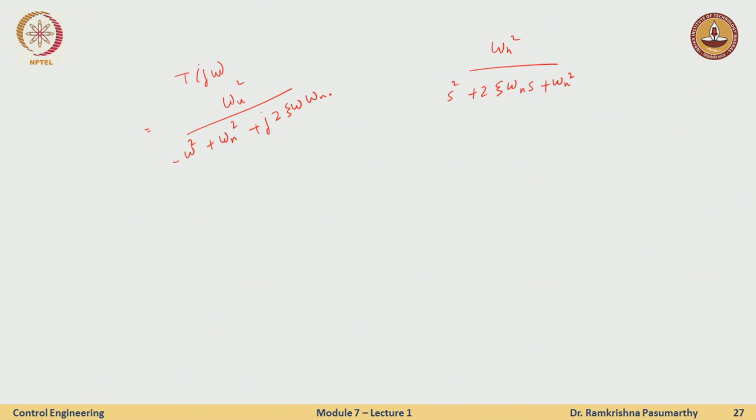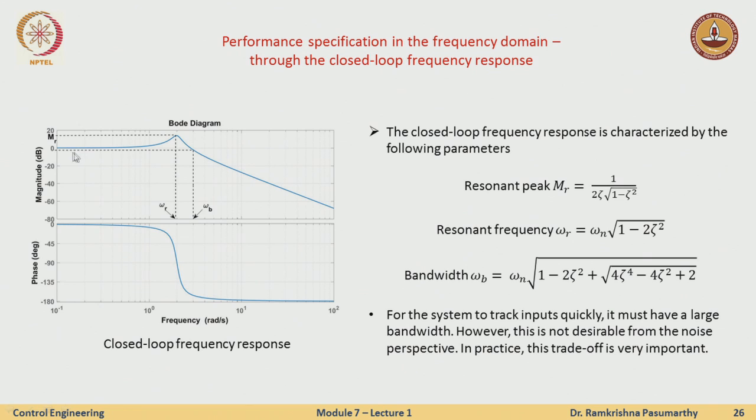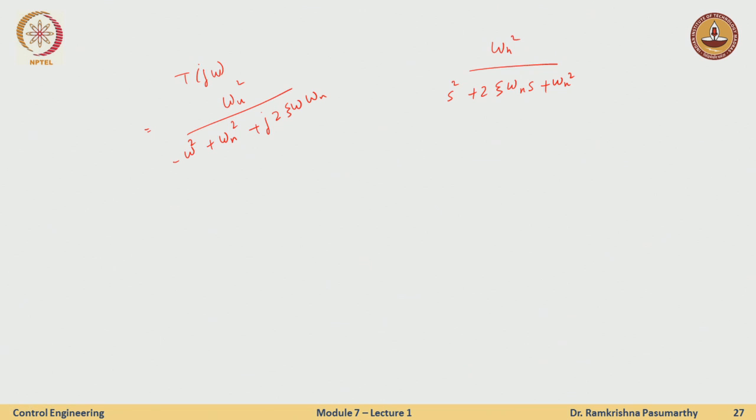So, when I define the bandwidth, I look at this thing, right. So, at which the magnitude is about 0.7 times the magnitude here. Okay. So, the magnitude of T of j omega is 1 over square root of (1 minus u square) whole square plus 4 zeta square u square, okay, where u I had defined earlier also to be omega over omega n, right.